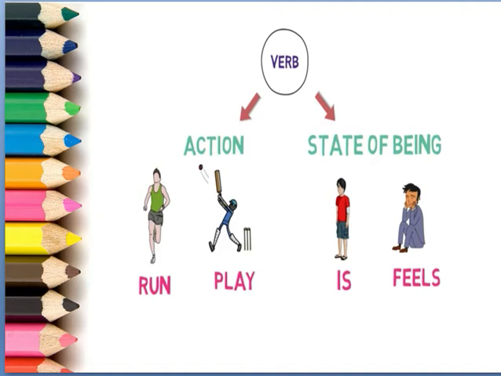A verb shows action when we use words like run or play. A state of being is when we use words like is or feels.